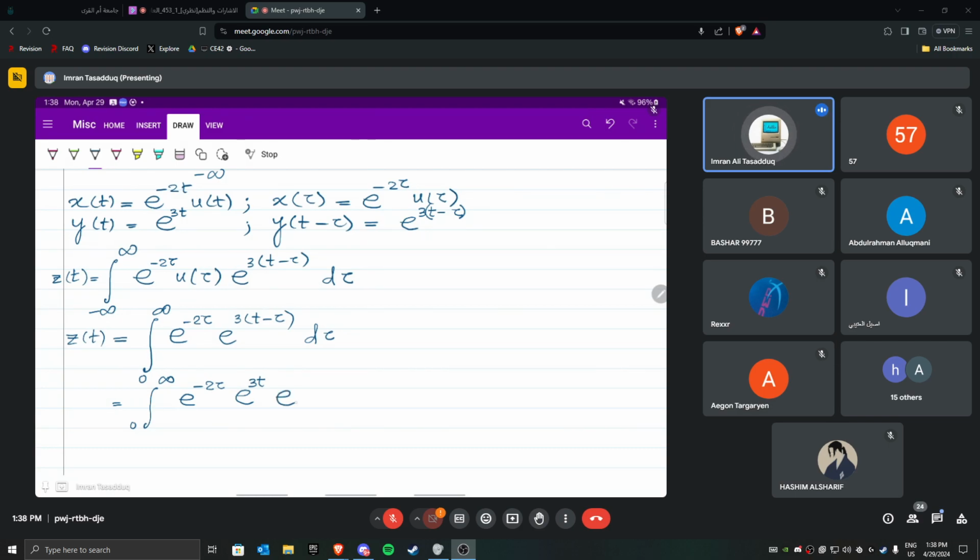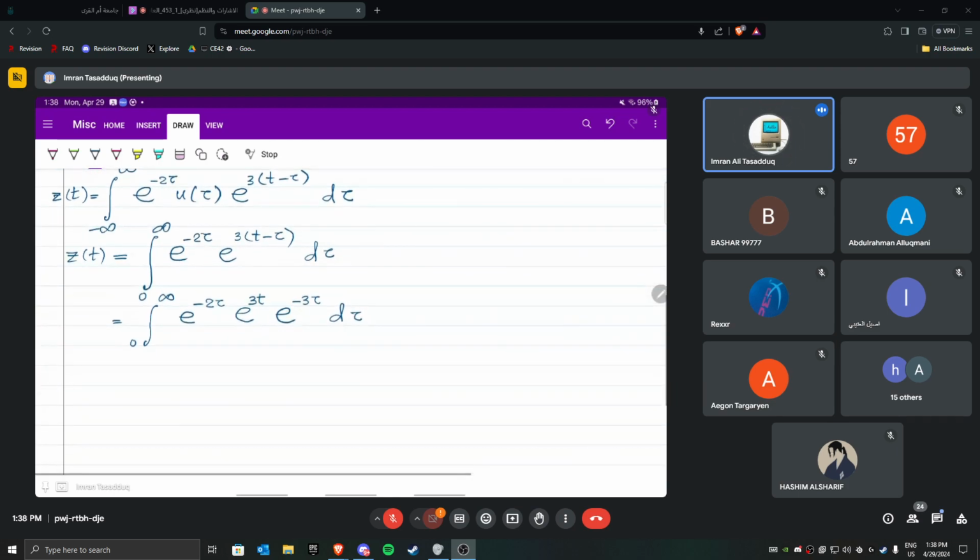So this is equal to the integral from 0 to infinity of e to the power minus 5 tau e to the power 3 t d tau.